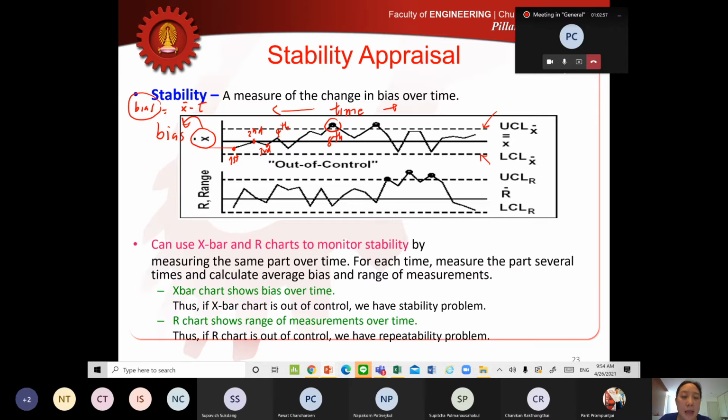On average, the bias is at this center line level, but in the 8th week, we will believe that the amount of bias is abnormally high. So that means we have to investigate and fix this problem.